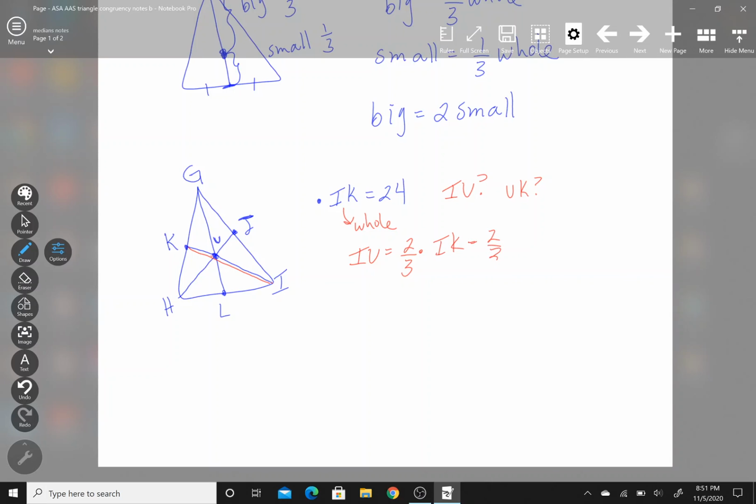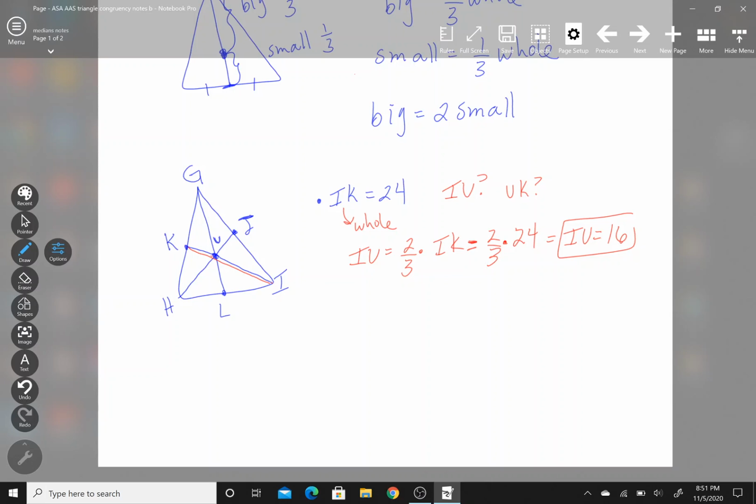So 2/3 of 24. You can type this in your calculator. If you're at home working with a phone calculator, do 24 times 2, divide by 3, and you will find that IU is 16, because 2/3 of 24 is 16.